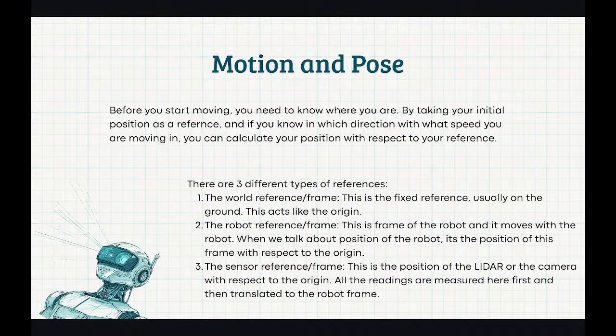So this is why we have a third frame of reference. We get the distance and convert it to our robot frame. It's like shifting the origin, or shifting to the world reference, so we know the exact position of the obstacle. Any doubts? I'll wait.